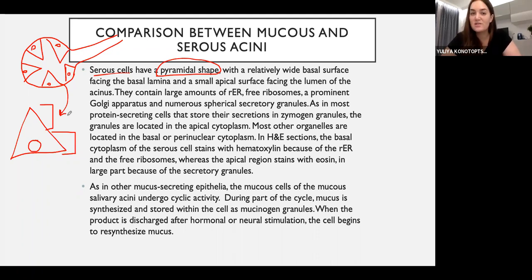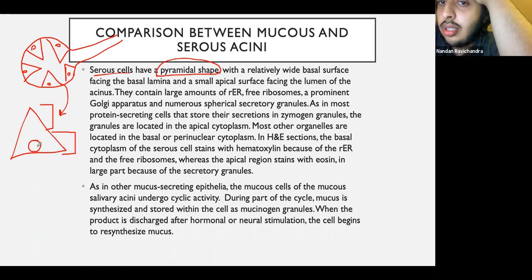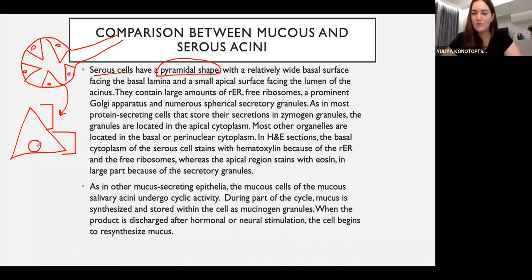So we need to ask ourselves this question, why? Why is the base of a serous cell basophilic? So it has a nucleus, okay? Yumna, I'm reading your lips, speak up.